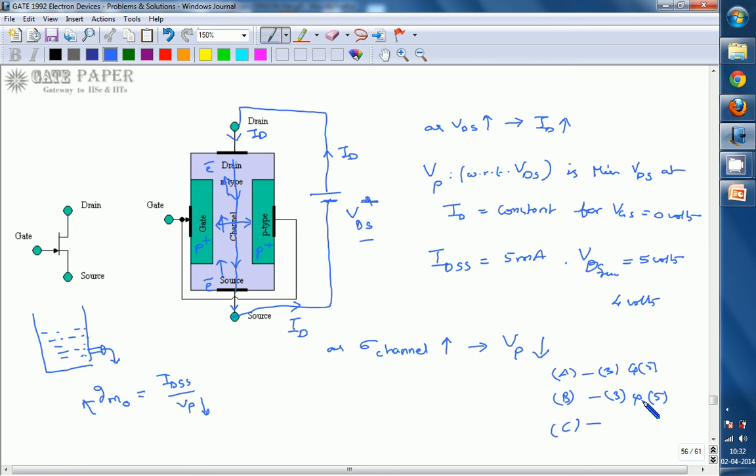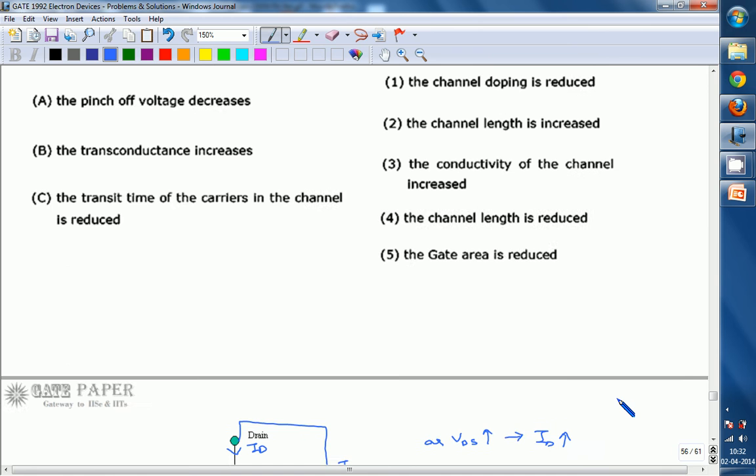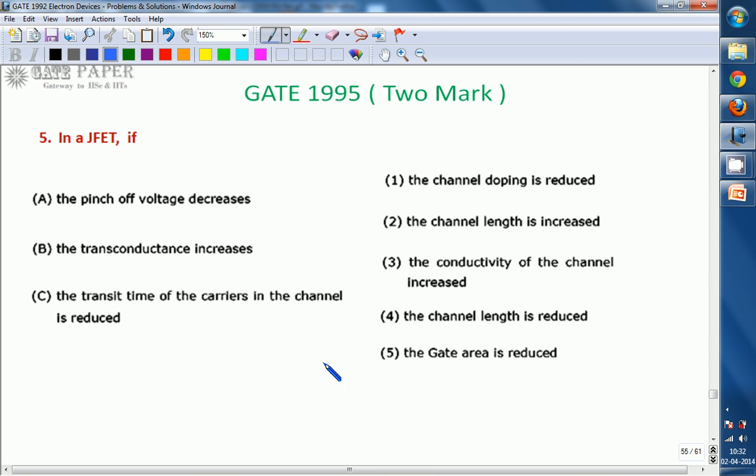Transit time of charge carriers is going to reduce if channel length is reduced. So C is 4. So if the channel length is reduced, at that time transit time is going to reduce, and for pinch off voltage you can make it 3 and 5, and here it is also 3 and 5.